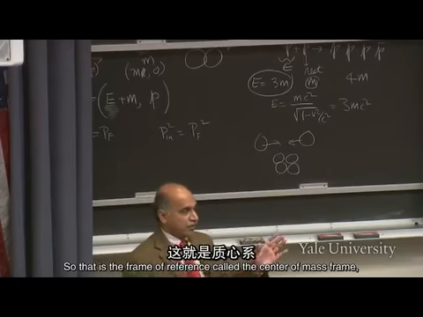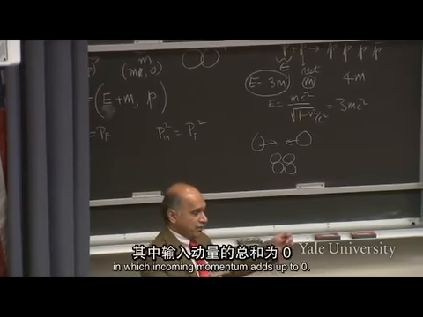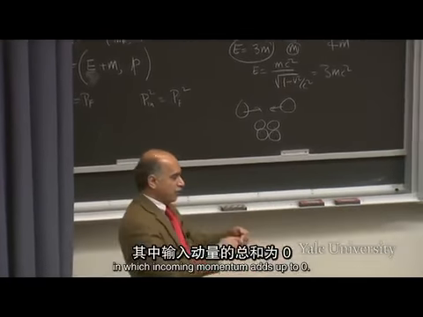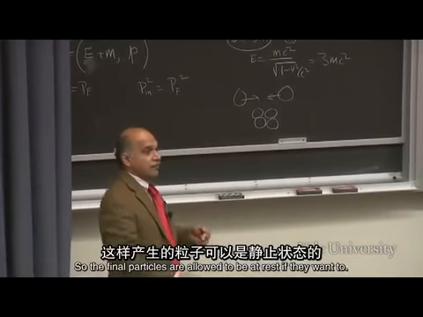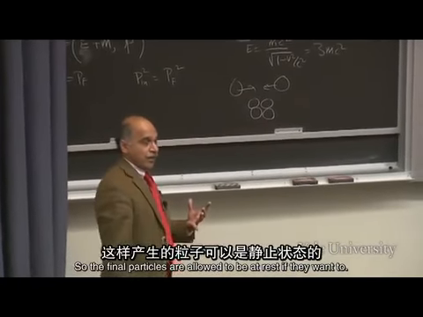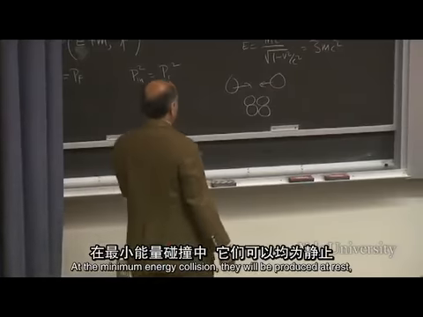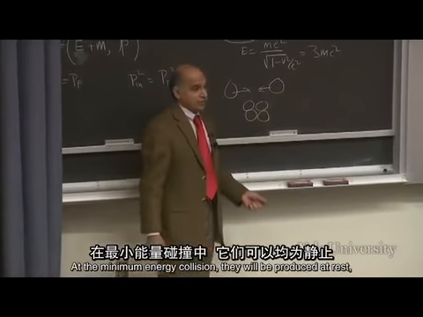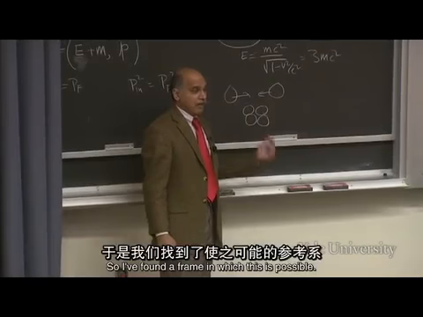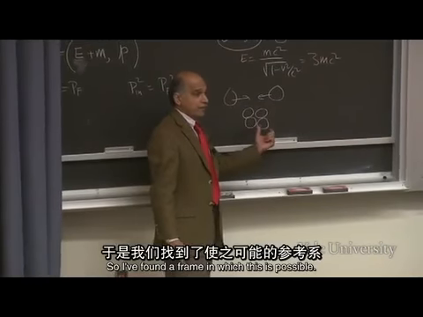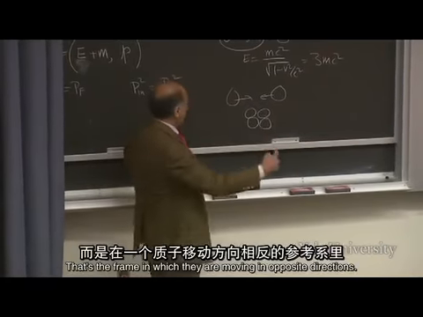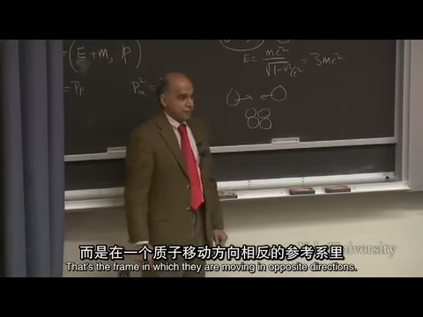So that is the frame of reference called the center of mass frame, in which incoming momenta add up to 0. So the final particles are allowed to be at rest if they want to, and in the minimum energy collision, they will be produced at rest, because that's the least expensive way. So I found a frame in which this is possible. That's not the lab frame. That's the frame in which they're moving in opposite directions.